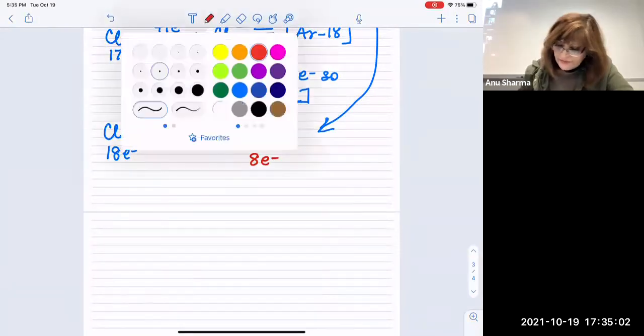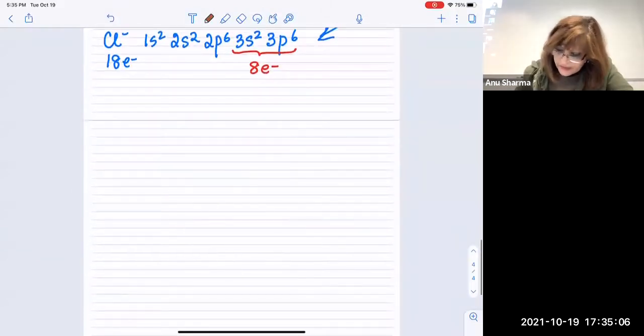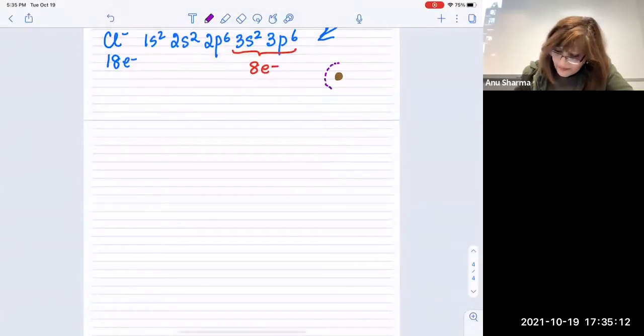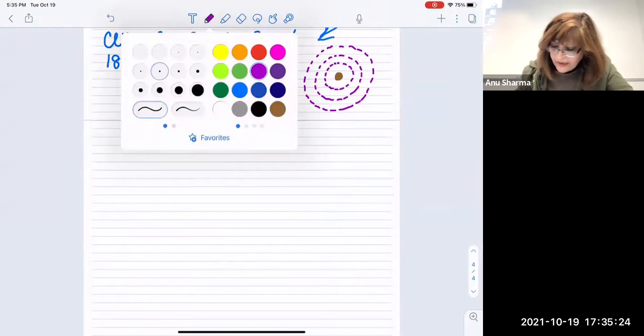As you must have seen, this is the older model of chlorine. So here is this nucleus, and outside the nucleus is this energy level. This is the first energy level, this is the second energy level, and then comes the third energy level. So these are the older 2D models, which don't apply to all atoms, but still it is there.